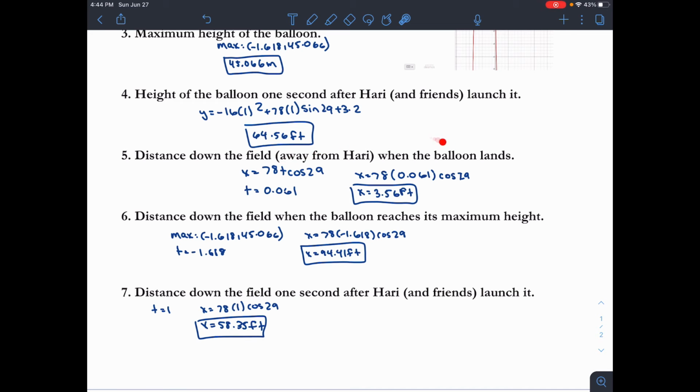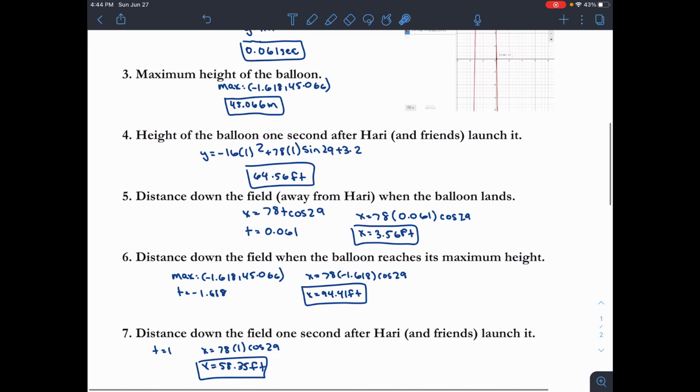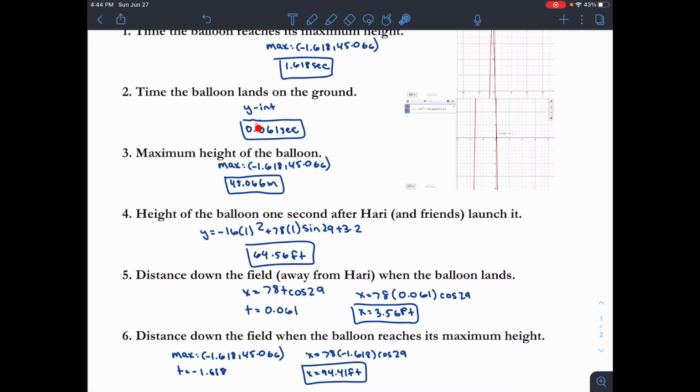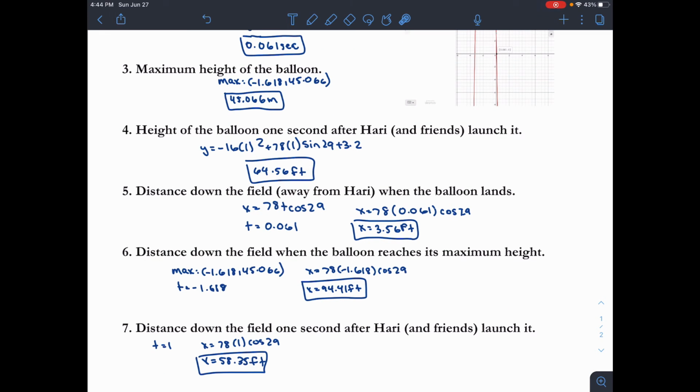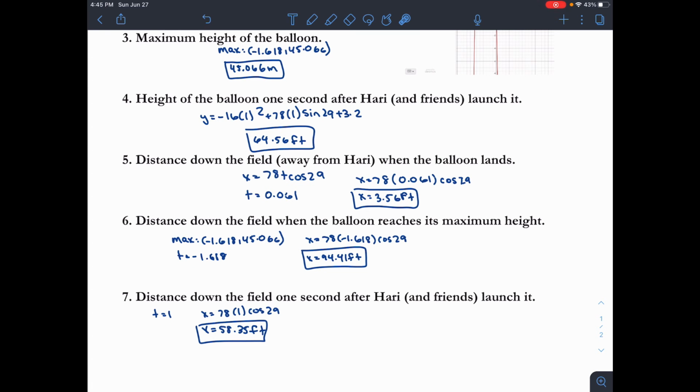So for the distance down the field when the balloon lands, because in the previous equation we know the time the balloon lands on the ground was 6.10, we would plug this into the x equation, because we're trying to find the horizontal distance. So we replace the t with 6.10. We get 78 times 6.10 times cosine 29, so x equals 416 feet.